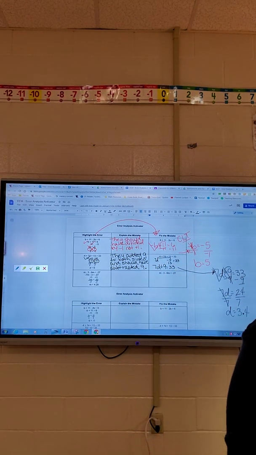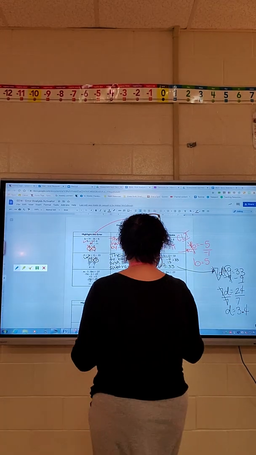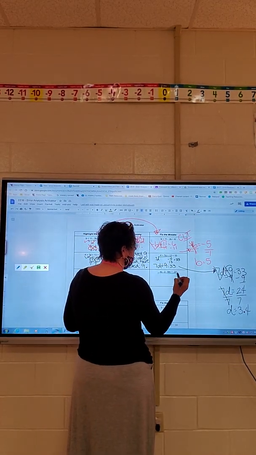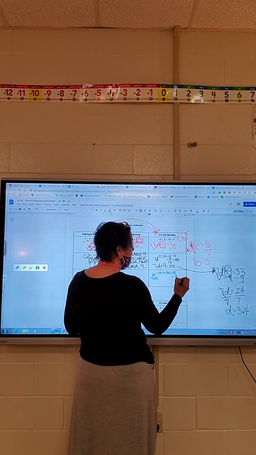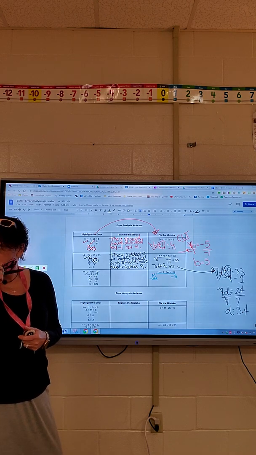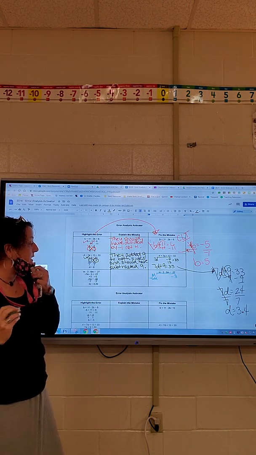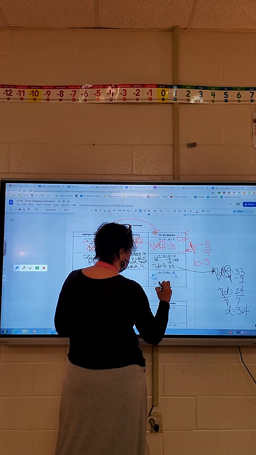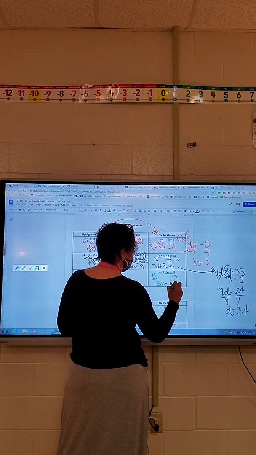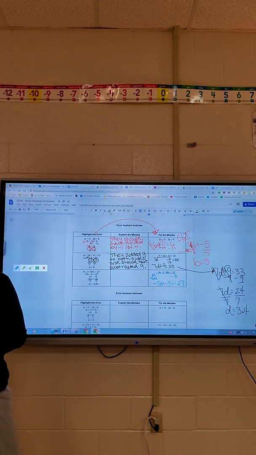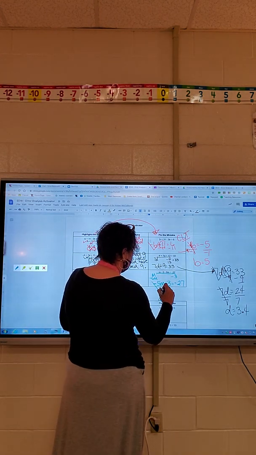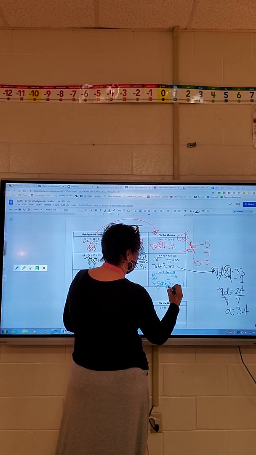Okay, so on this one, we have got to combine our like terms first. So we've got an M and a negative 6M, and we've got a negative 3 over here, right? So M and minus 6M is going to be a minus 5M minus 3 equals a negative 27. Is everybody with me? Now, here's my variable term. Here's my constant term. I'm going to add 3 to both sides.